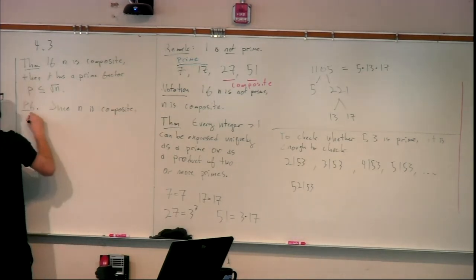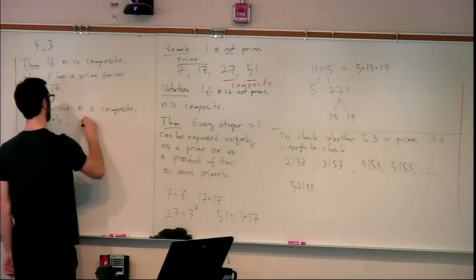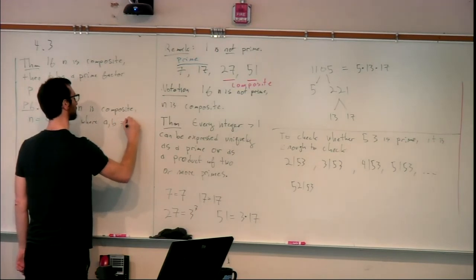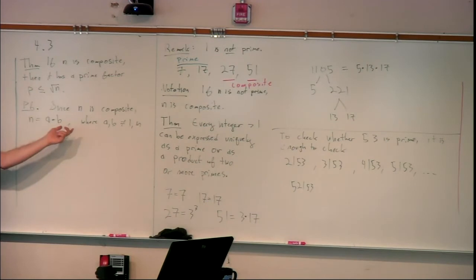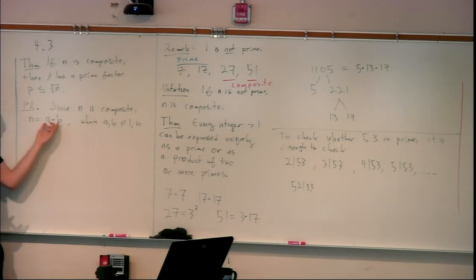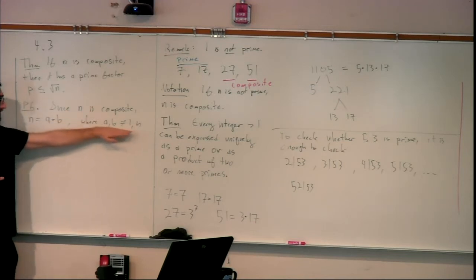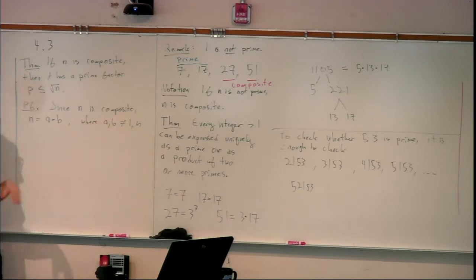I can write n as being equal to a times b, where a and b are not equal to 1 or n, right? If they were 1 or n, then I haven't really factored anything. But if I have a non-trivial factorization, that is, n is composite, then I have some integers a and b not equal to 1 or n, such that I can write n in this fashion.